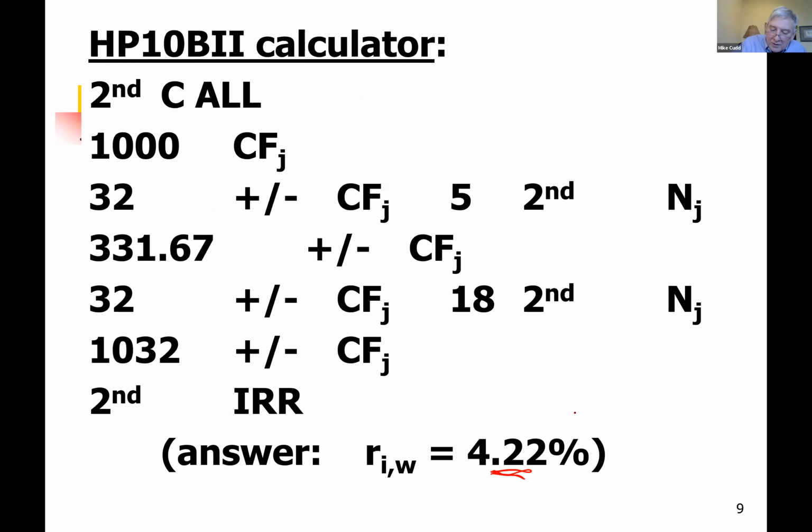That is, what's the minimum required rate of return we need to earn on that money to cover its cost. And that's what the 4.22% is. Think of it as the component cost of this source of funding.